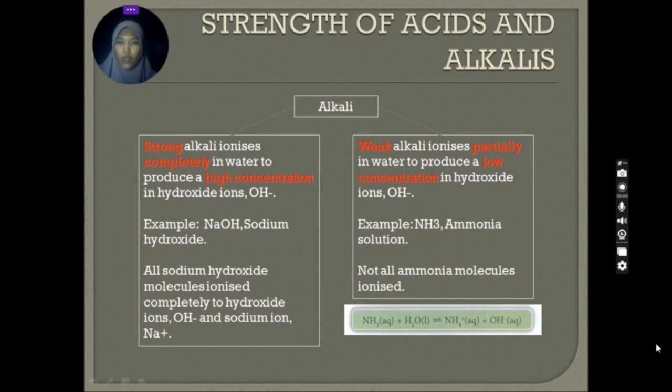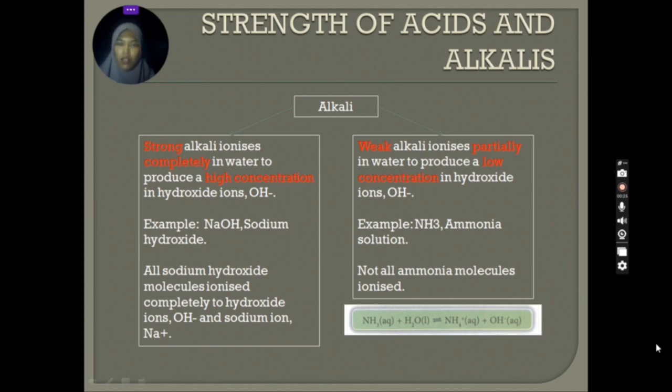The same goes with alkali. We have strong alkali and weak alkali. Strong alkali ionizes completely in water to produce a high concentration of hydroxide ions, for example, sodium hydroxide. Weak alkali ionizes partially in water to produce a low concentration of hydroxide ions. For example, ammonia solution.